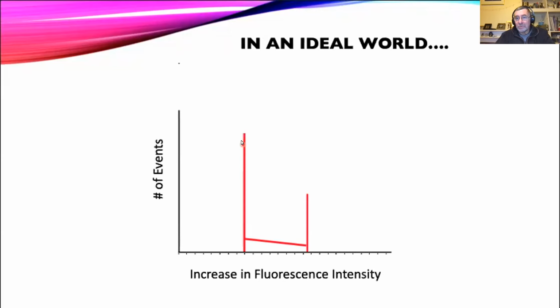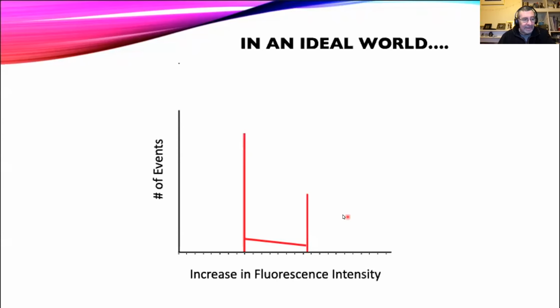They should all fluoresce with an equal intensity, and they should appear in a single channel in our flow cytometer. Cells that are in G2 will have twice as much DNA. They'll take up twice as much dye. They'll be twice as bright, but again, they should all appear in a single channel. And then cells that are synthesizing DNA, cells that are in S phase, will be somewhere in the middle here.